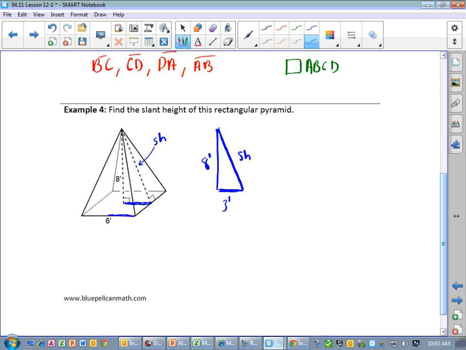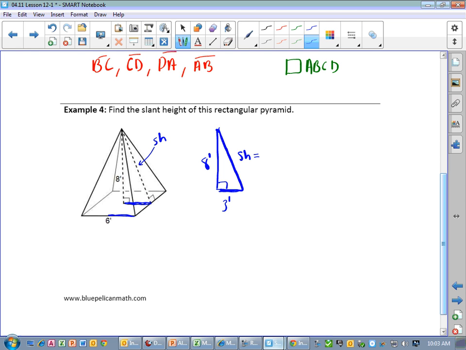So our slant line, well, with right triangles, we have two possibilities. Those are the two options. You need to identify when you use each.